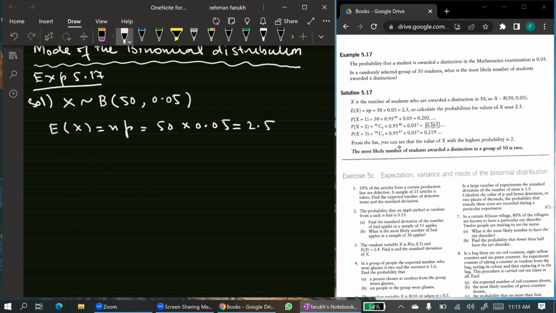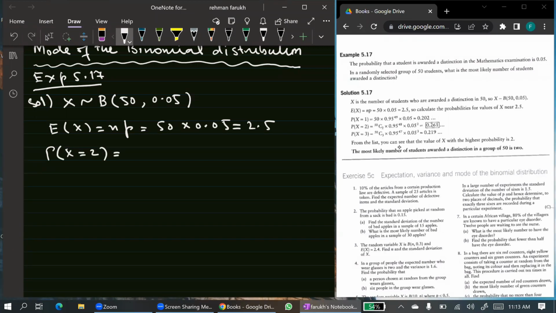Now we will check the probability for the values of x in the neighborhood of 2.5. In the neighborhood of 2.5, there are x equal to 2 and x equal to 3. We will check these two nearby values.